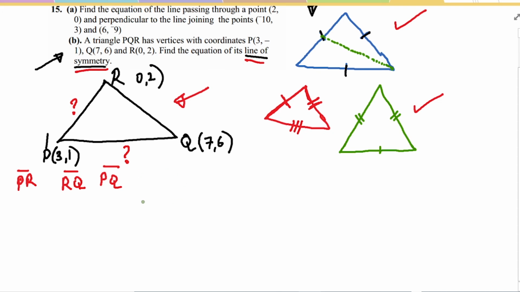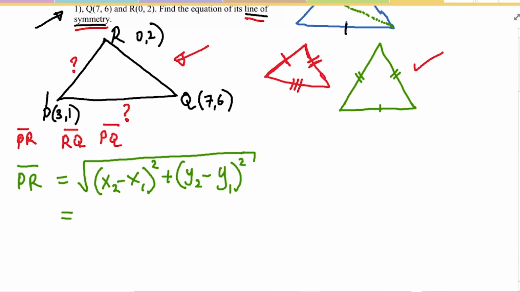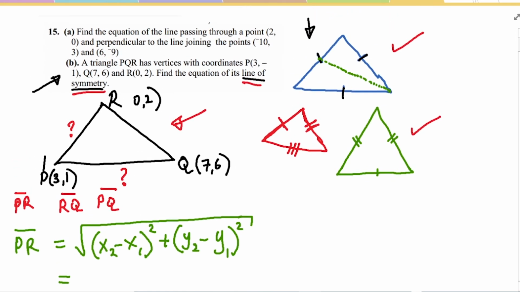So we are finding line PR. The formula is the square root of (x2 minus x1) squared plus (y2 minus y1) squared. Now what is our x2 and our x1? We have our value of P and our value of R. P here we said is 3, -1.